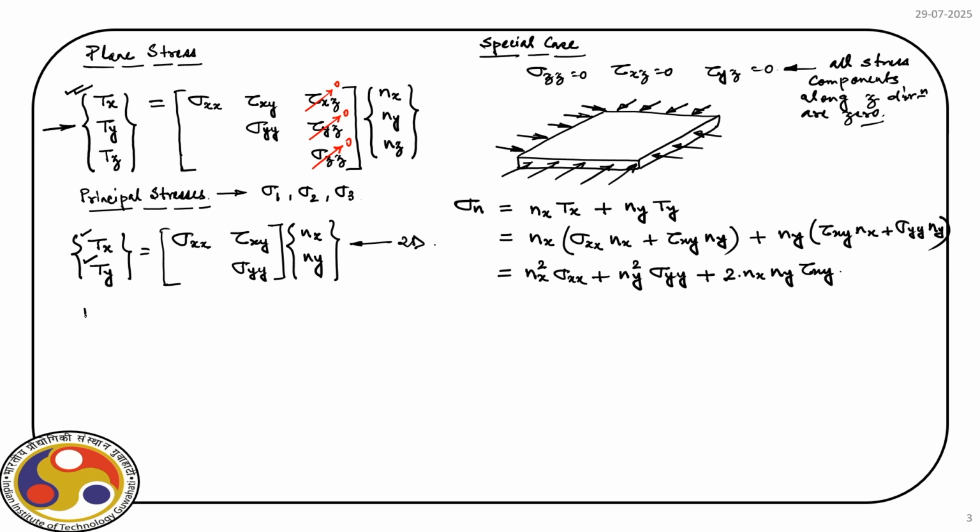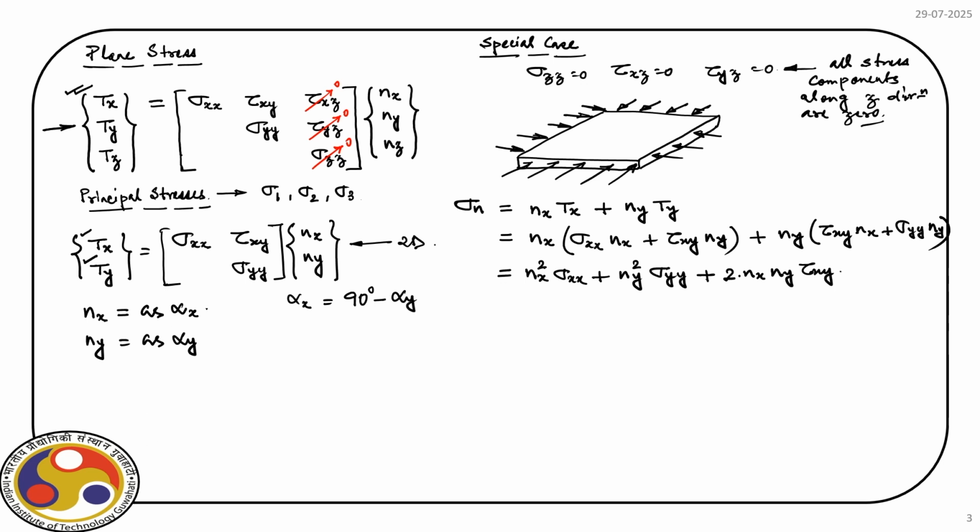Now, what is Nx? In 2D, this is cos of alpha x, and what is Ny? Ny is equal to cos of alpha y. And what is the interrelation between alpha x and alpha y? Alpha y is equal to 90 degree minus alpha x.